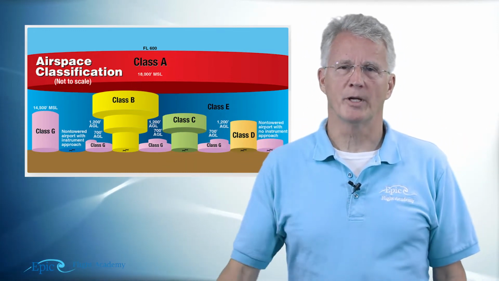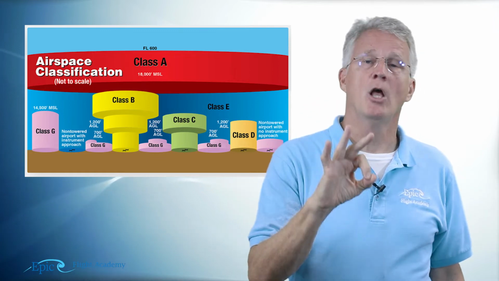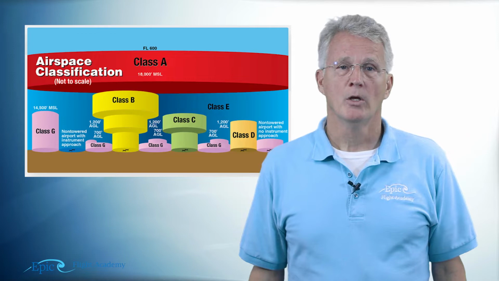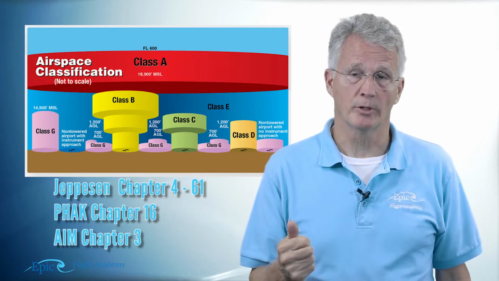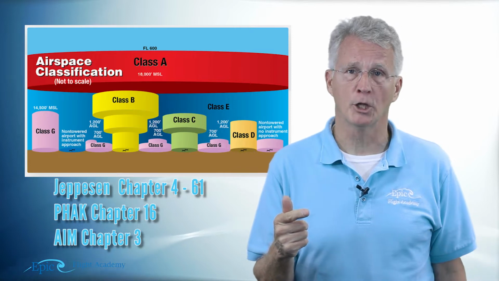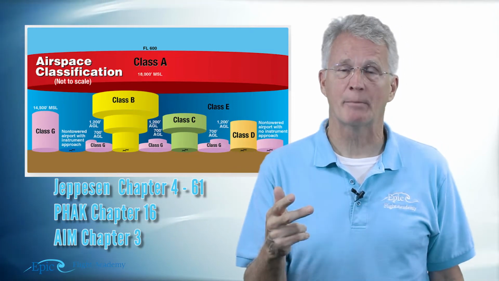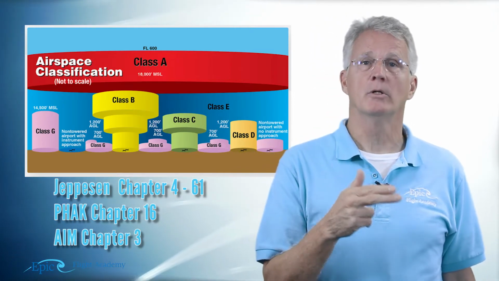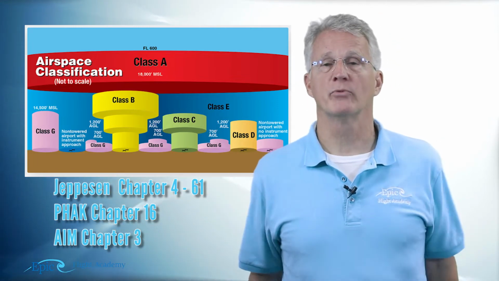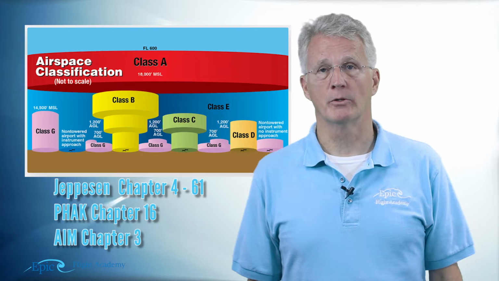When we talk about airspace, you're going to have three primary references to help you study this: your Jeppesen textbook, the PHAK, the Pilot Handbook of Aeronautical Knowledge, and the AIM Chapter 3, the Aeronautical Information Manual Chapter 3. And that's what we're referencing when we talk about this material.